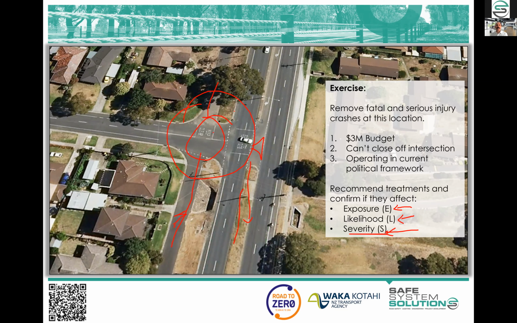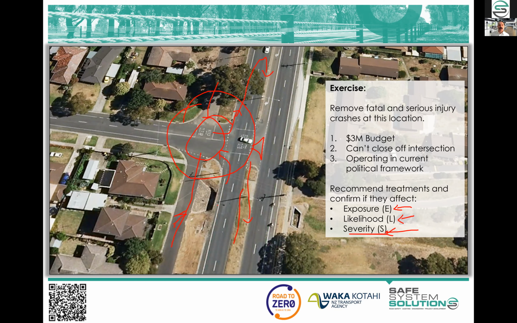The only way it would influence the exposure is if it changes the number of vehicles going through this intersection, and it may do that. Of course, you're going to need to think about how these people coming out of here are going to be able to go that way. Are they going to U-turn? Where is that all going to happen? Obviously, you don't know enough about this network and the area to make any informed call on that.